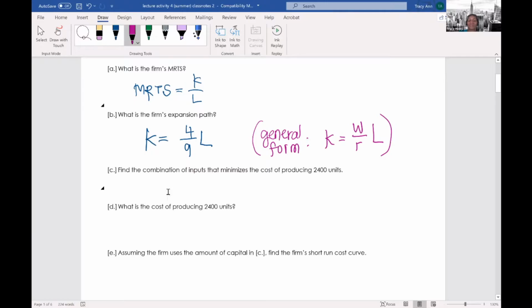Then the next question says, find the combination of inputs that minimizes the cost of producing 2400.